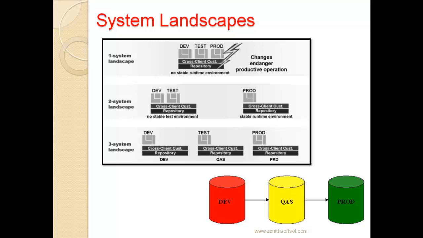Training boxes are used by end users for training purposes. So in a three system landscape, there is one export and two imports. Data moved out of the development box is called an export, and data pulled into the quality and production boxes is called an import. The process is called transportation.